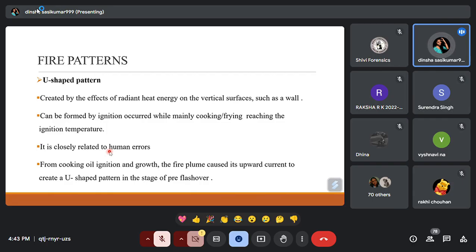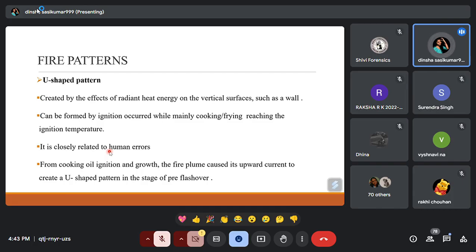So the investigator should now check the fire patterns present in the scene, because these fire patterns will serve as clues, or give some information about the cause of fire or the origin of fire. The first pattern is the U-shaped pattern. U-shaped patterns are created by the effects of radiant heat energy on vertical surfaces such as walls. On vertical surfaces such as walls, we can see these kinds of patterns.